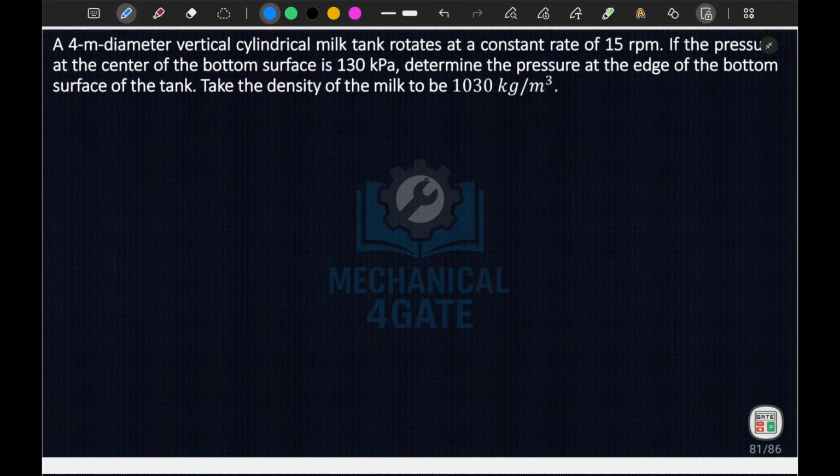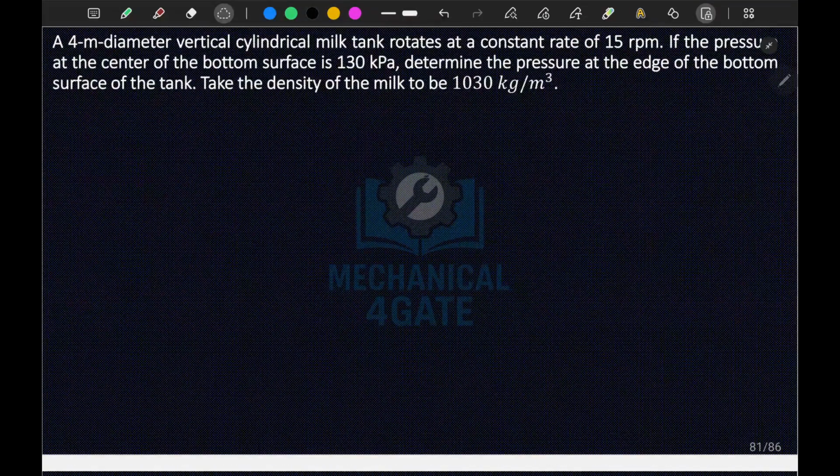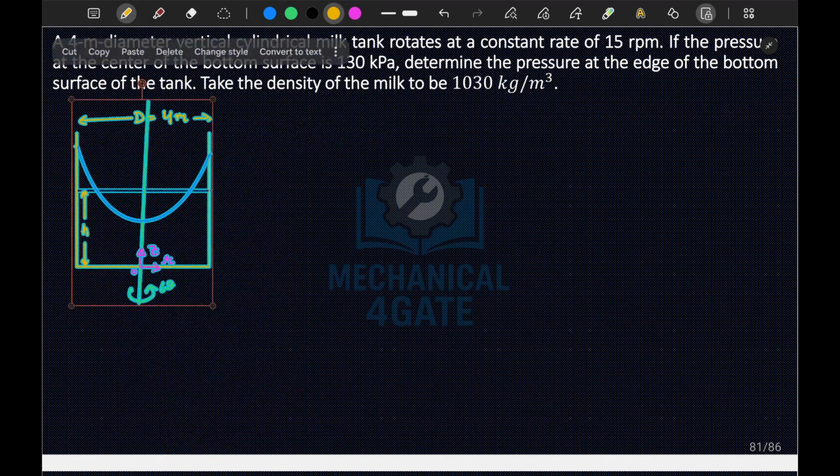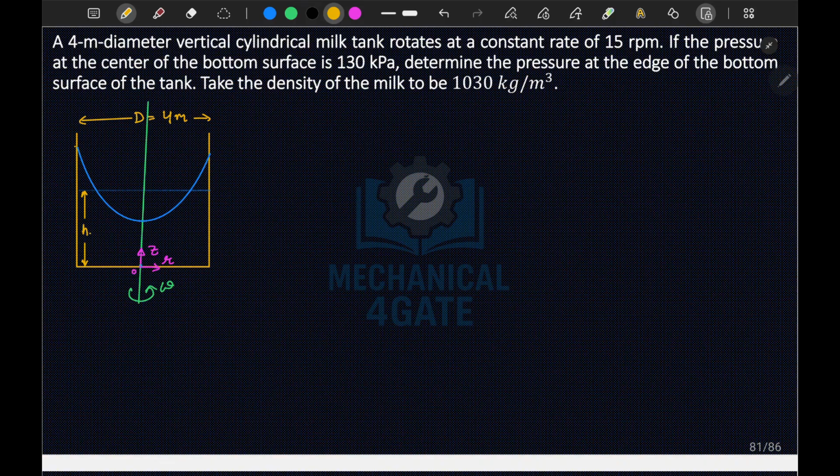So in this question, it is mentioned that a 4-meter vertical cylindrical milk tank rotates constantly at 15 rpm. If the pressure at the center of the bottom surface is 130 kilopascal, determine the pressure at the edge of the bottom surface of the tank. Density of milk is given. So the system is something like this. This was the initial level, let's say.